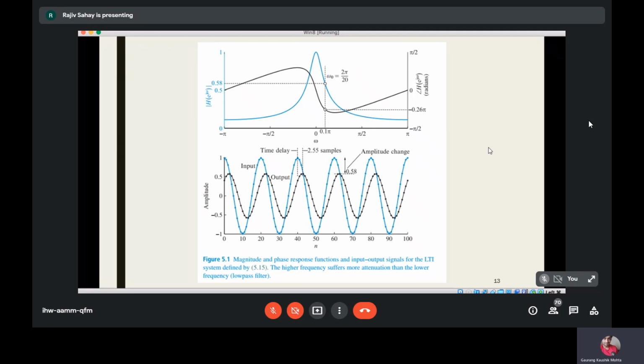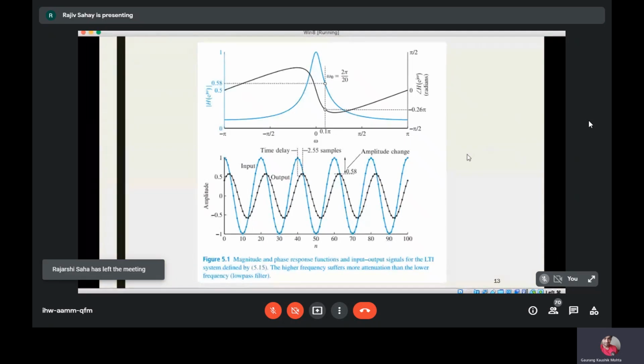What happens when radio waves pass through the channel? How do they get distorted? What happens when you do modulation? Those things are part of the study of communication systems. We will not go deep into it, but we will just understand what a channel, a transmission system or a filter does to the input sinusoid.